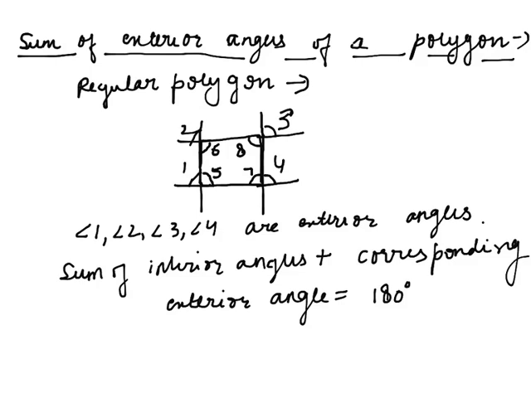So angle 1 plus angle 5 is equal to 180 degrees and angle 4 plus angle 7 will be 180 degrees, right? So till now we know an exterior angle is formed by extending the adjacent sides and the sum of the interior angle and the corresponding exterior angle will always be 180.